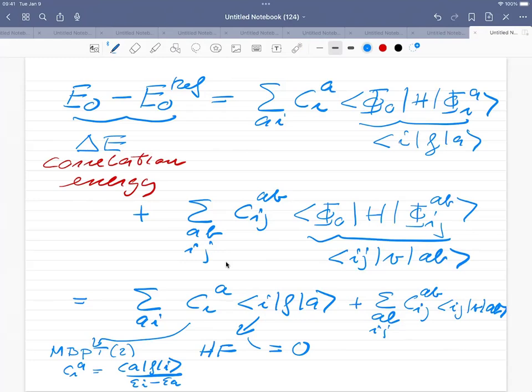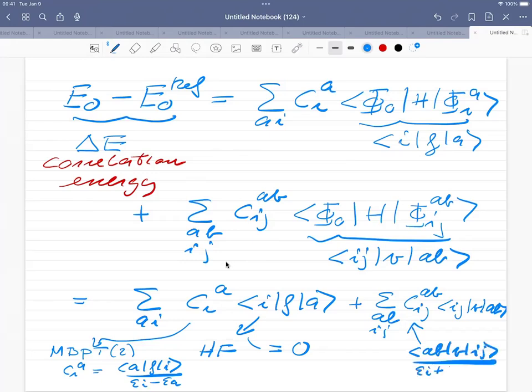Now, if your gap, in nuclear physics a shell gap, is large and these matrix elements are small, then this can often be a good approximation. What we will also show when we do many-body perturbation theory is that this term here, <ab|v|ij>, has an exact analytical expression.